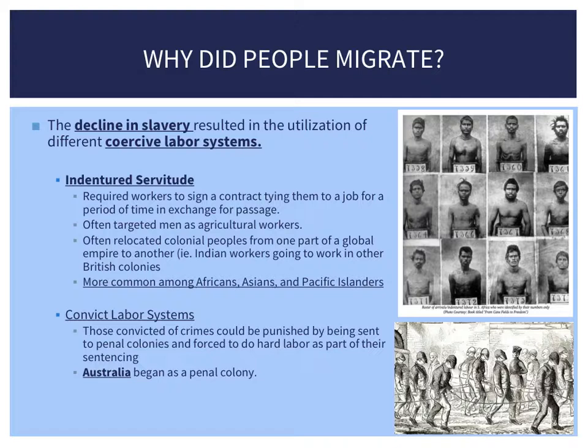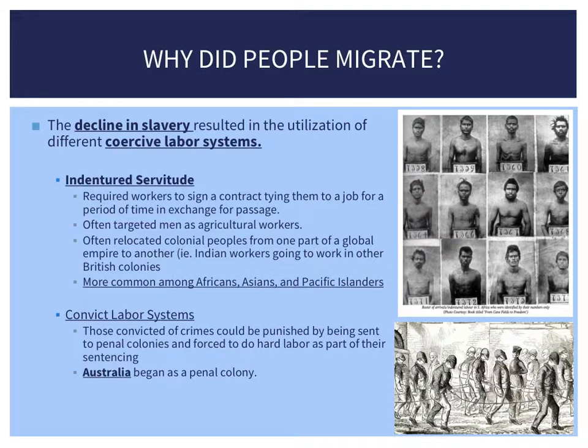So the fact that Europeans had these large global empires in some ways facilitated the movement of people. The most common groups of people who became indentured servants in this time, which you'll learn more about in an indentured servant TBQ you're going to look at, were Africans, Asians, and Pacific Islanders.